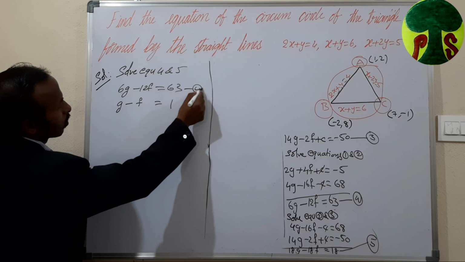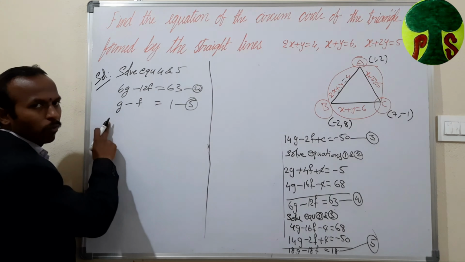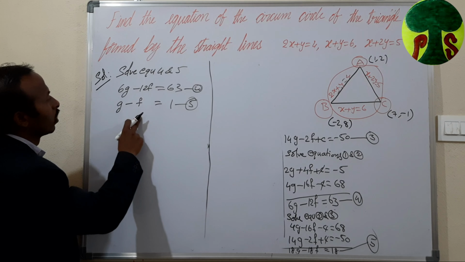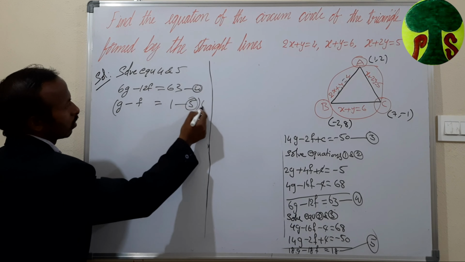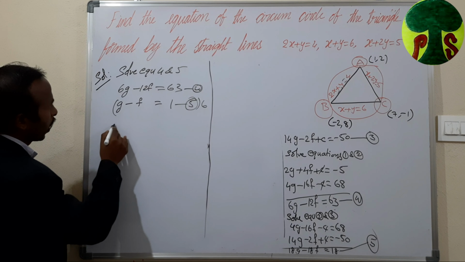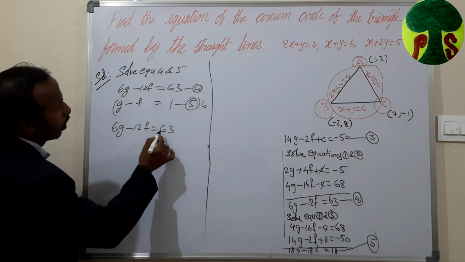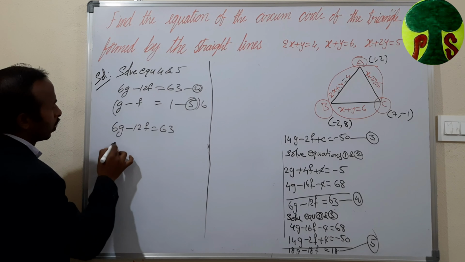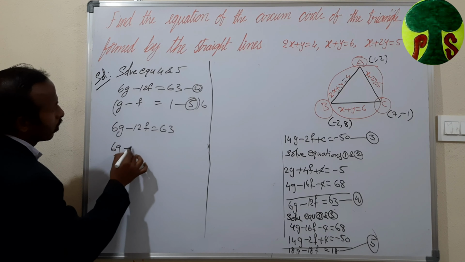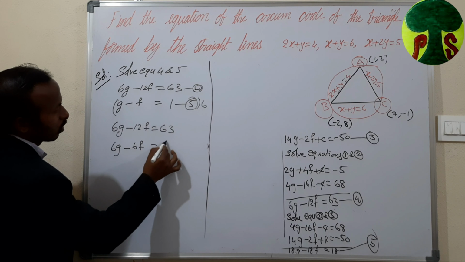In order to cancel any one variable, we have to compare the coefficient. That's the reason fifth equation I am multiplying with 6 on both sides. So fourth equation is as is, that is 6g minus 12f equal to 63. Now fifth equation multiplied with 6, 6g minus 6f equal to 6.